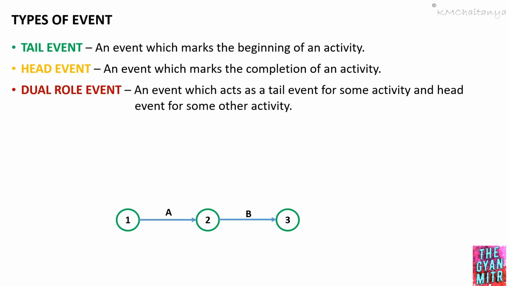Now if we look closely here, event number 2 acts as a head event for activity A, whereas for activity B, event number 2 acts as a tail event. Therefore, event number 2 is playing a dual role, since it is acting as a head event for activity A and tail event for activity B.